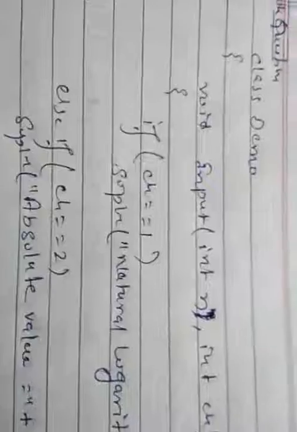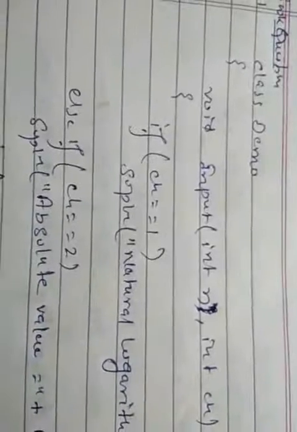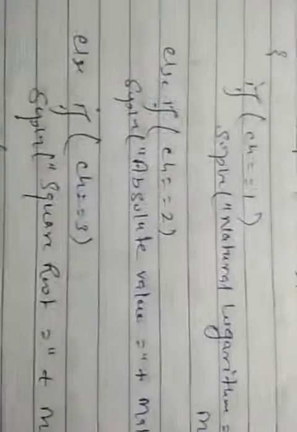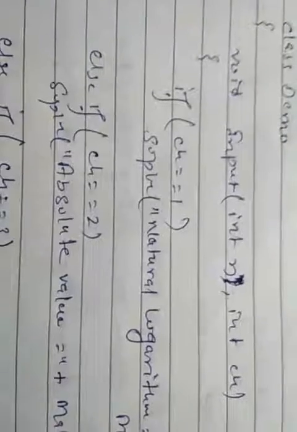Now here I am solving the if else question number one of the book, and this is the question. We want to find the natural logarithm, absolute value, square root, and random number based on the user choice.